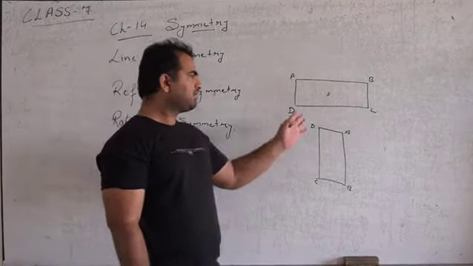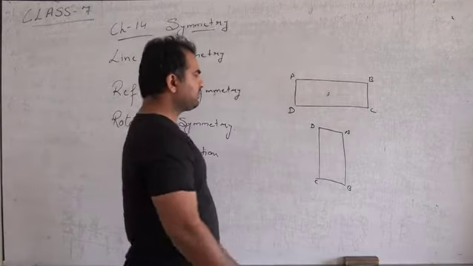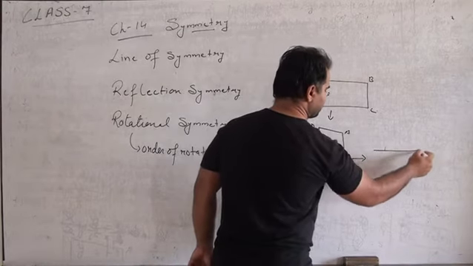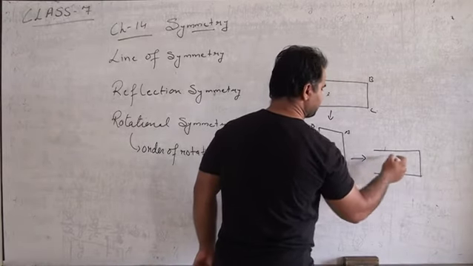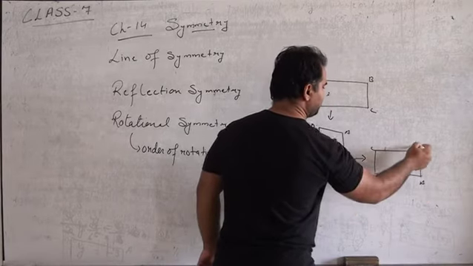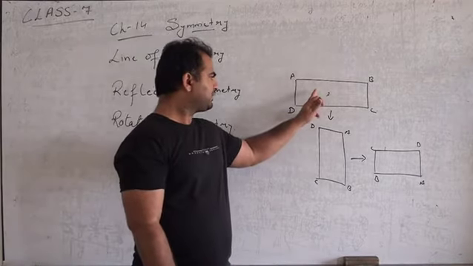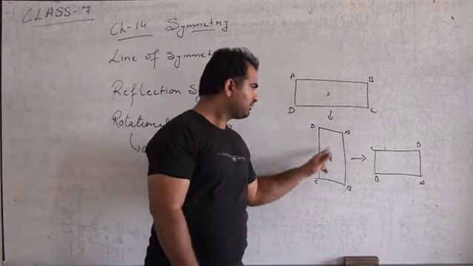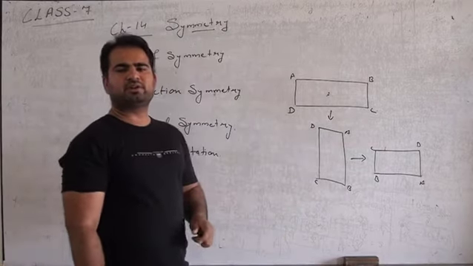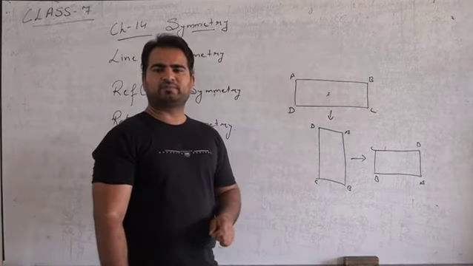Done. We have rotated it 90 degrees. If we rotate it again by 90 degrees, then what we will have is A, B, C and D. After rotating it 180 degrees, 90 and 90, we will have its rotational symmetry.